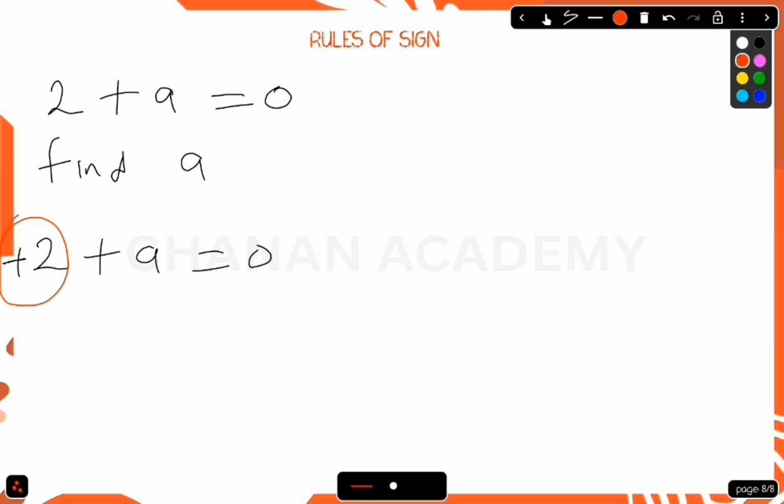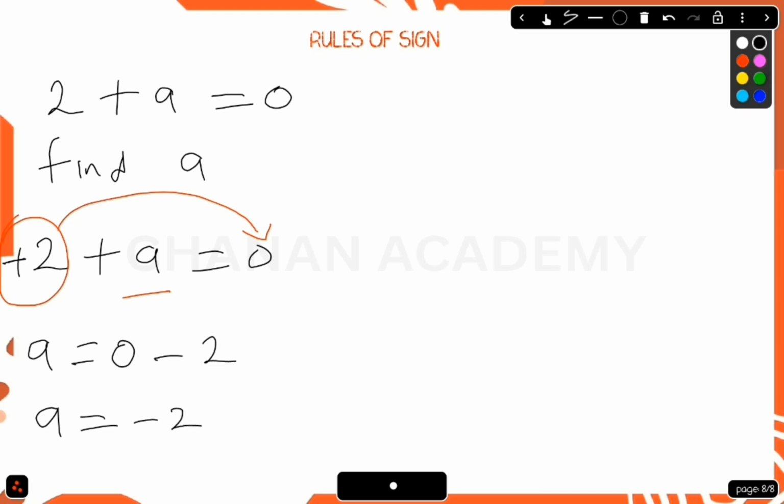So if 2 has to cross over to the other end, leaving only a at the left hand side, the sign will change. So we have 0 minus 2. So a is equal to minus 2. So the sign of the 2 changed to become negative.